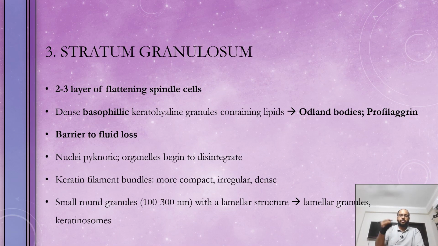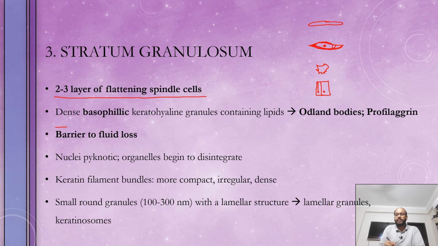Now the third layer from the bottom up is stratum granulosum. It is a 2 to 3 cell layer of flattened spindle cells. As we move from a columnar basal cell, to a spinous cell, now you have a bit of a flattened, spindly cell, spindle-like, like a myocyte, and then you will have a flattened corneocyte.